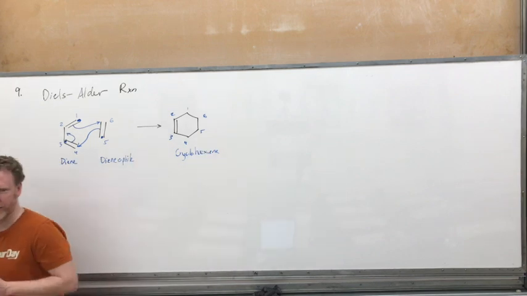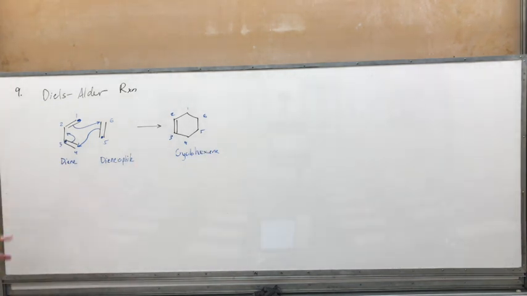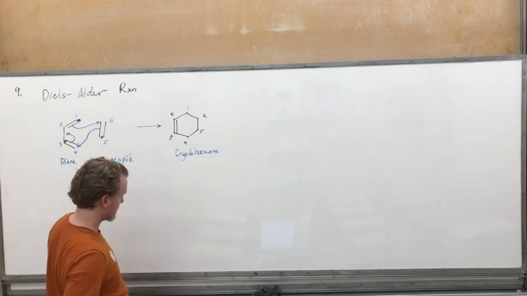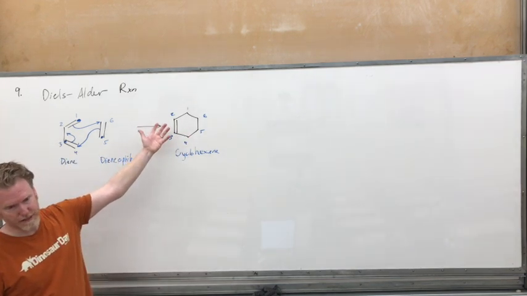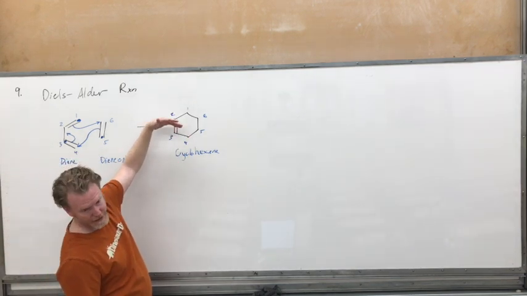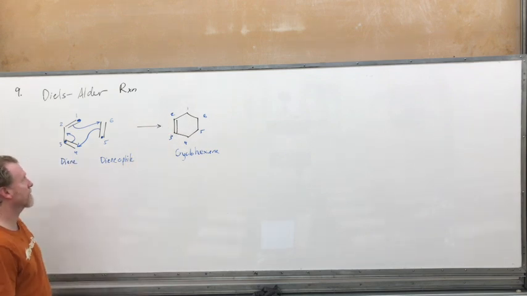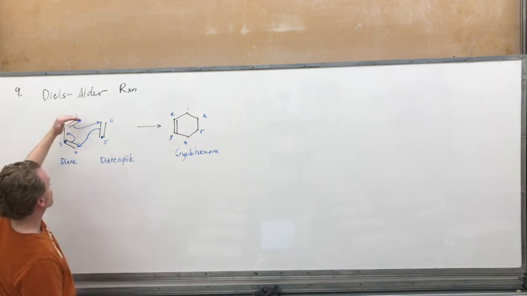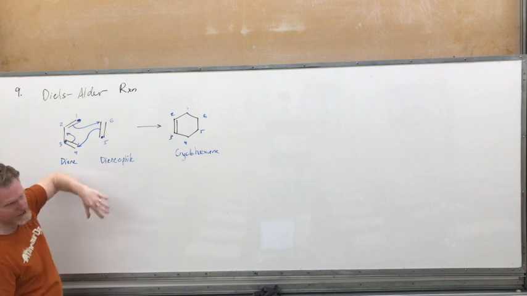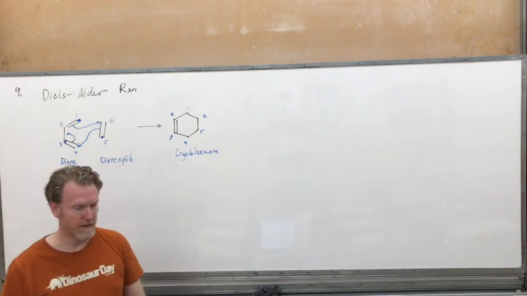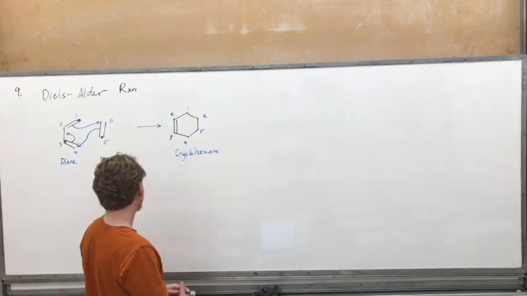Usually, always you make a cyclohexene. You can make other things too. We'll see examples of that. Most often cyclohexene. And this is a big deal because you got a 6-membered ring. You can hydrogenate that if you want to make a cycloalkane. You can have different groups on your diene and on your dienophile, and we're going to do some examples like that.